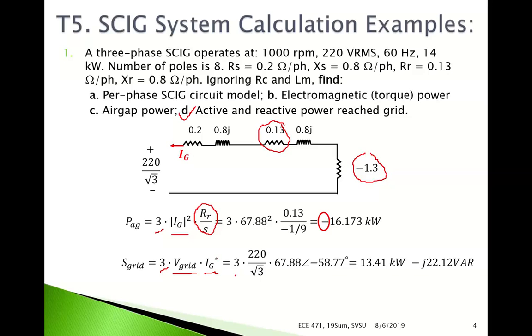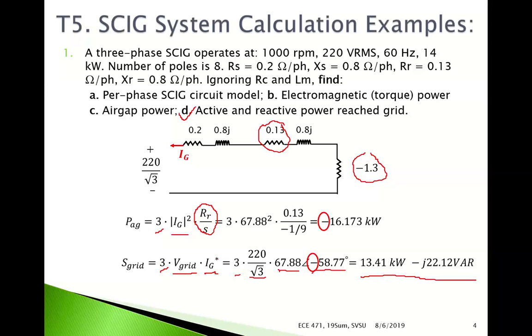So the voltage equals 220 over square root of 3. The current RMS is 67.88 with conjugate. So we end up with a phasor. Obviously, we want to convert it to a complex number, which tells us both active and reactive power.